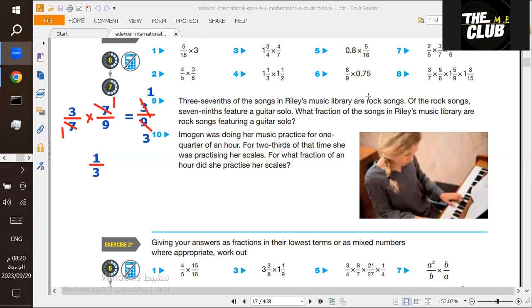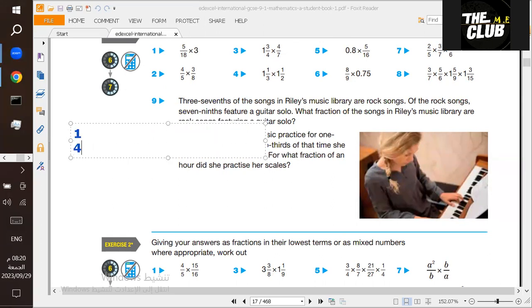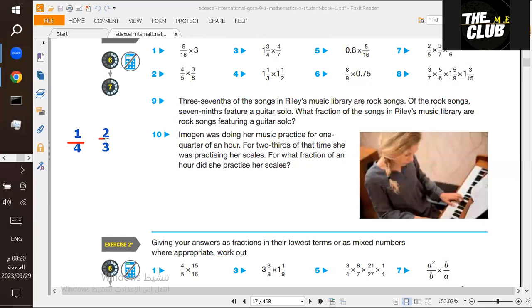Let's move on to question 10. Imogen was doing her music practice for 1/4 of an hour, for 2/3 of that time she was practicing her scales.